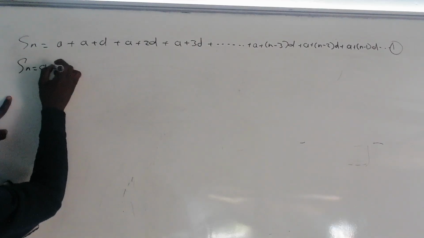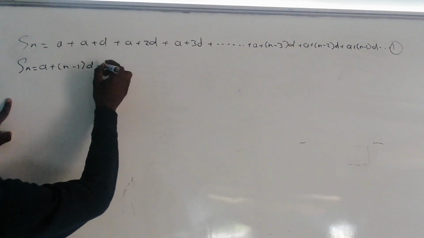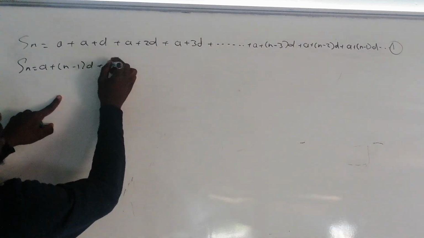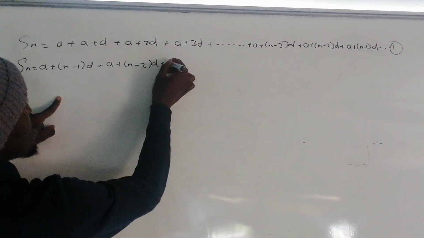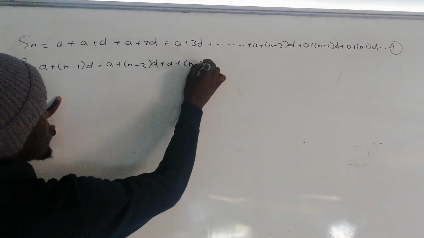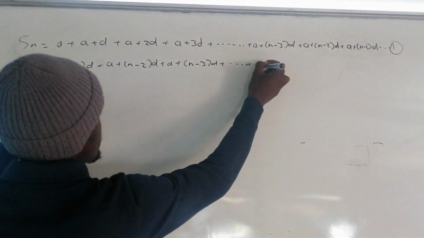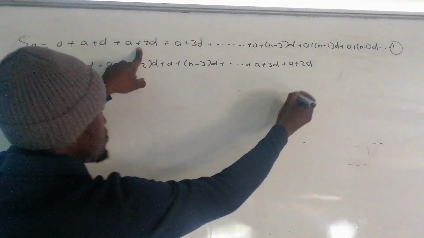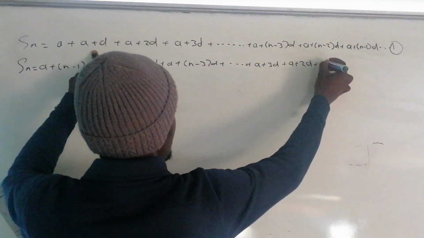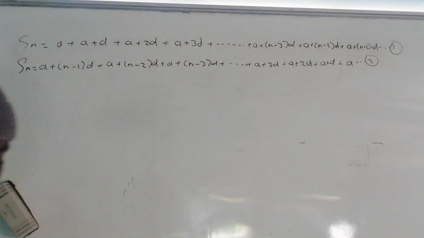Start there: a plus (n minus 1)d, and you come with it as it is. a plus (n minus 2)d, a plus (n minus 3)d, and we are here. Plus a plus 3d, a plus 2d, a plus d, a. This is equation 2. I hope you saw what I was doing here.